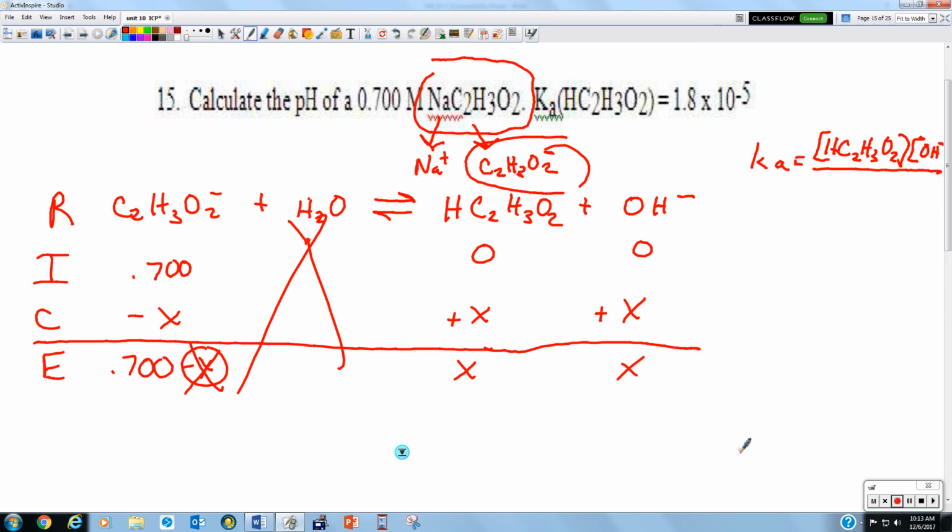All right, so since we have that OH negative in our product, what is this overall solution? It's going to be basic, but we have a Ka. Ka is for what? Ka is for acid. So we need to find a relationship between Ka and Kb, and I'm going to give you that in just a moment.